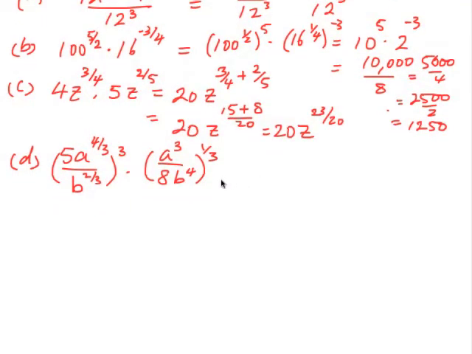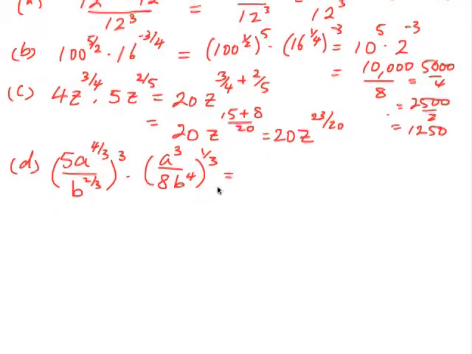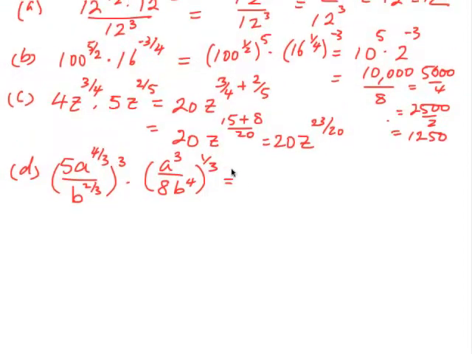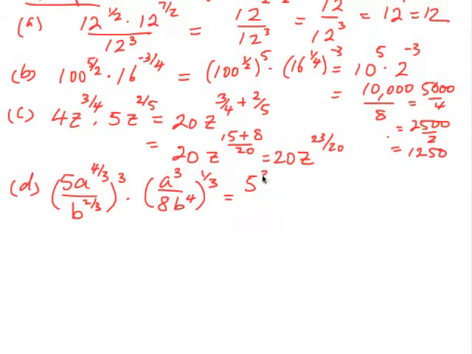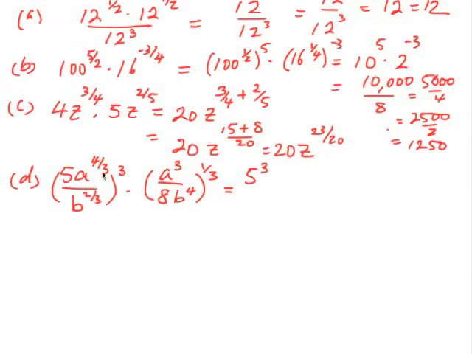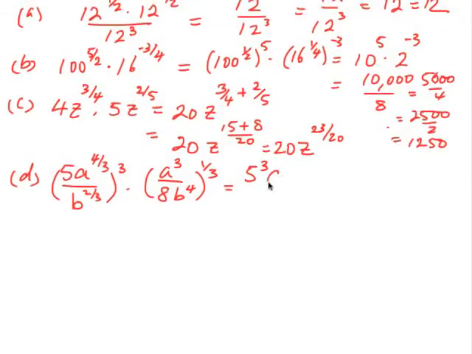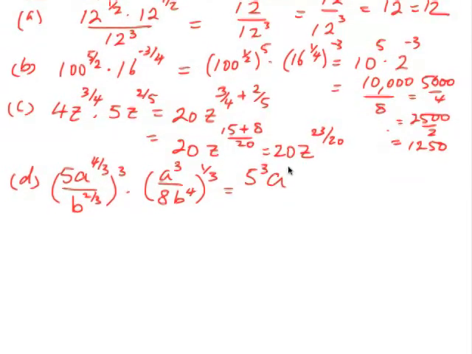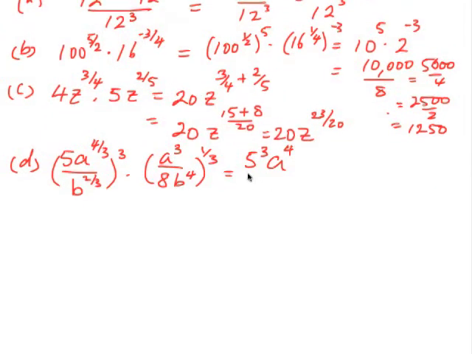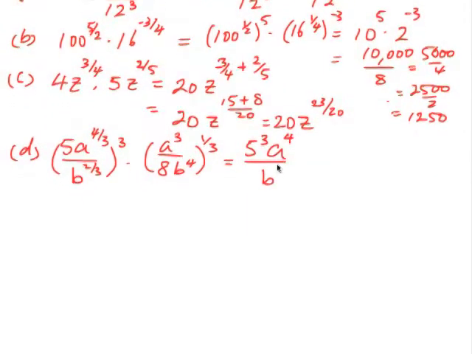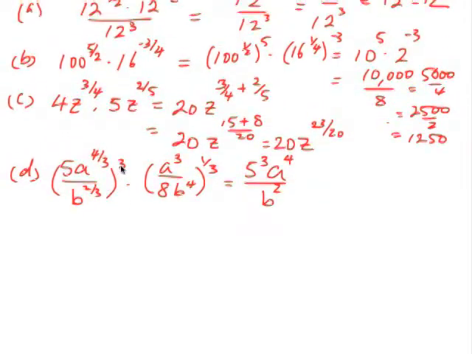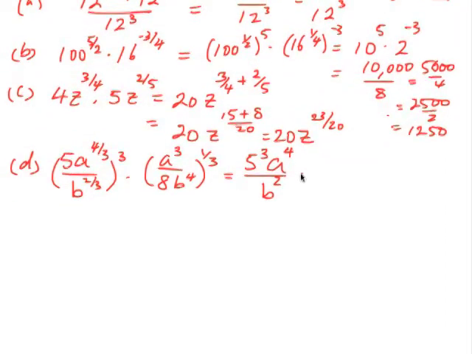Alright, so what are we going to do with this? Well, notice here that we have 5 cubed. If I do the exponent rules here, I get a to the 4/3 times 3, which would be 4, over b squared, because 2/3 times 3 is 2.